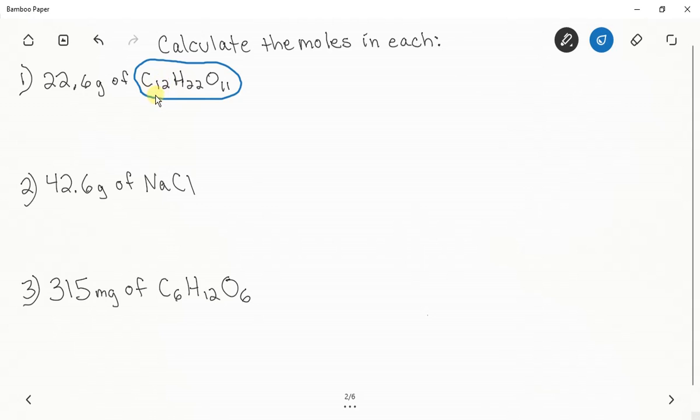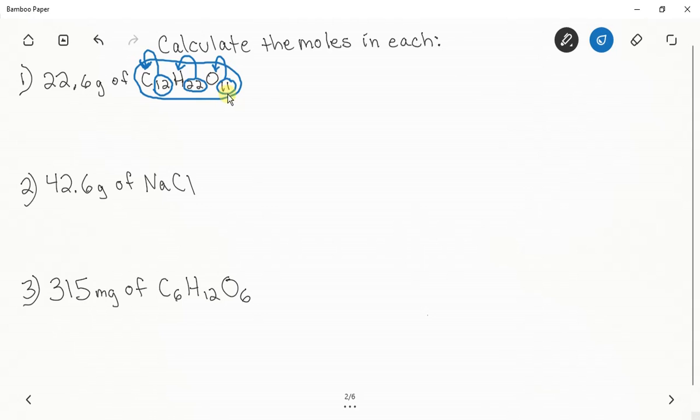And the way these are written is that the little number, like the 12 right here, the little number that's kind of lower than everything else, only applies to the element directly before it. So this 12 only applies to the letter C, which is carbon. This little 22 only applies to hydrogen. And this 11 only applies to oxygen.